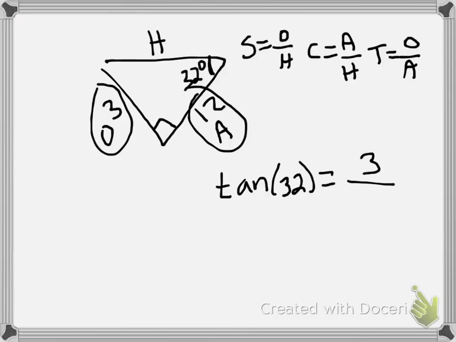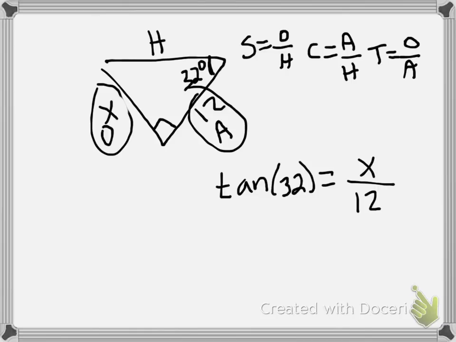Oops, I didn't mean to completely forget to put an X somewhere. Sorry about that. Just realized I did that. So in this case, my opposite is X, which is over my adjacent, which is 12.